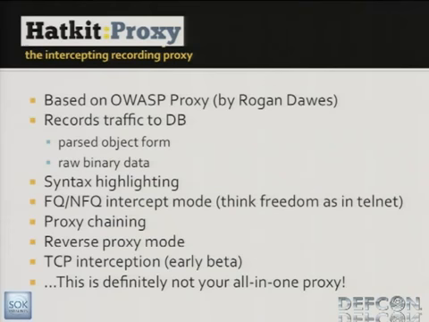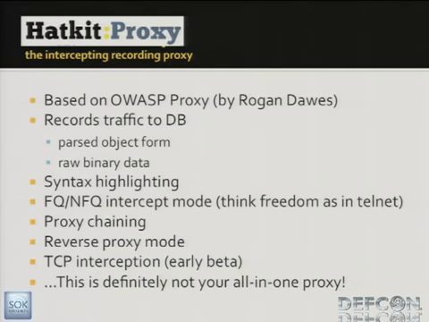So, the Hatkit proxy is based on the OWASP proxy, which is written by Rogan Dawes. It comes with all the usual stuff like intercepting, reverse proxy support, and syntax highlighting. It has a fully qualified and non-fully qualified mode, which allows you to modify stuff within the HTTP protocol which you usually can't modify through other proxies.